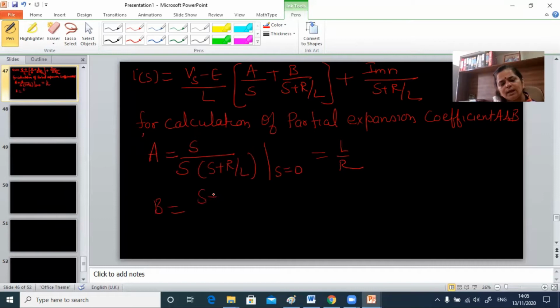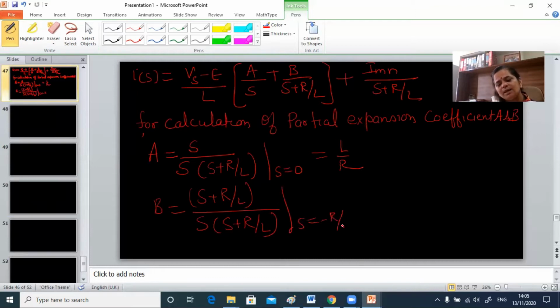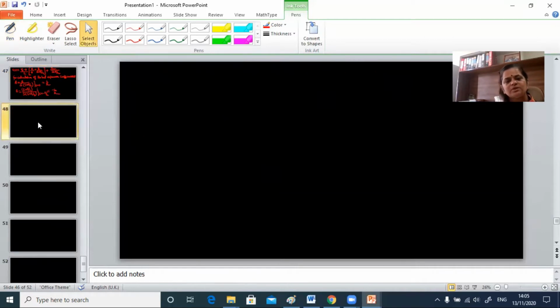Similarly, to calculate B, multiply by S plus R by L and put S equal to minus R by L. So you will get minus L by R. Now put the values of A and B in these expressions.